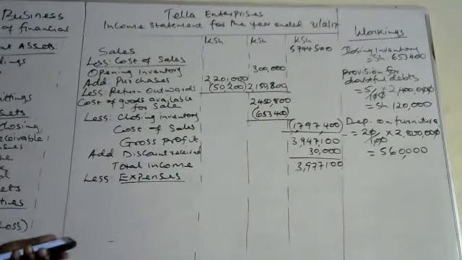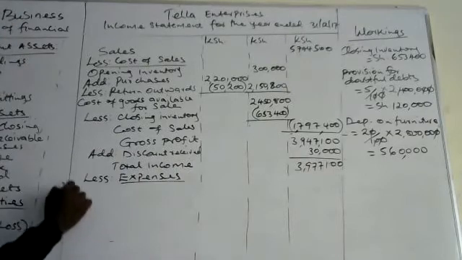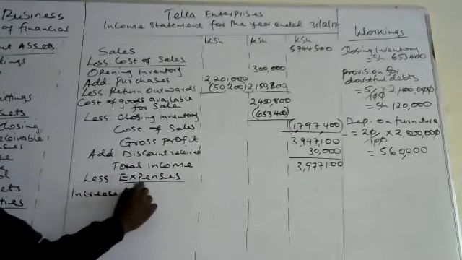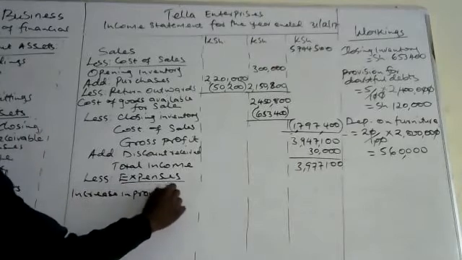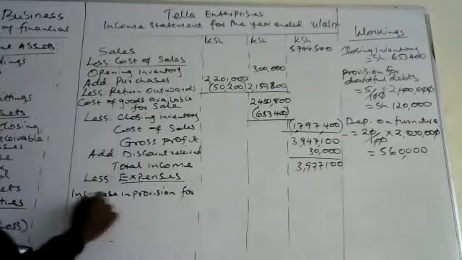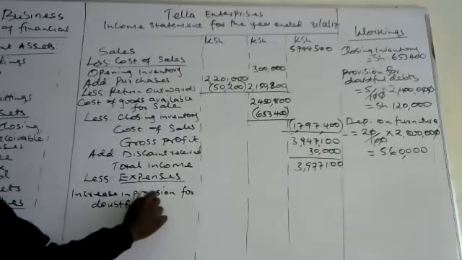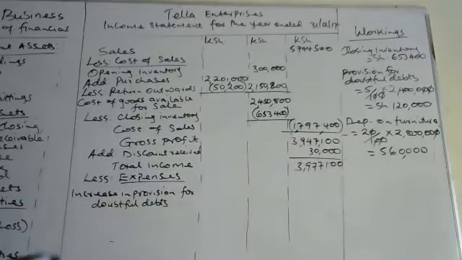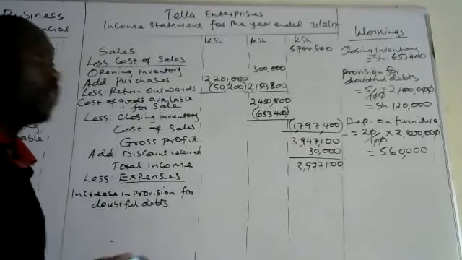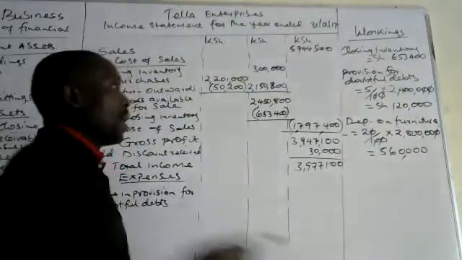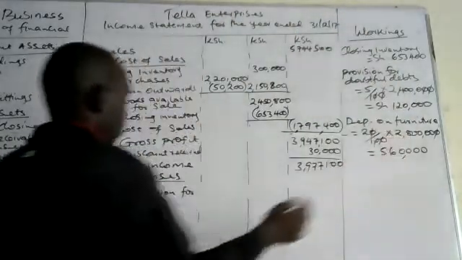One, we have got the increase in provision for doubtful debts. Because it is the first time we are creating this provision, we assume that initially the provision was 0, but now we have increased it to 120,000.